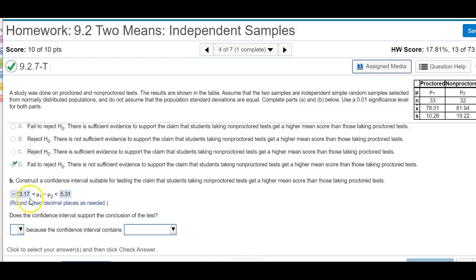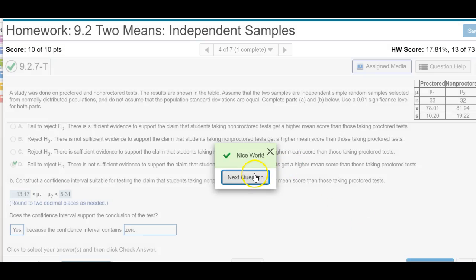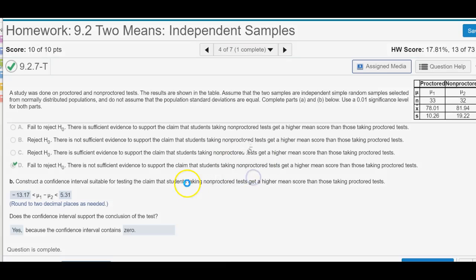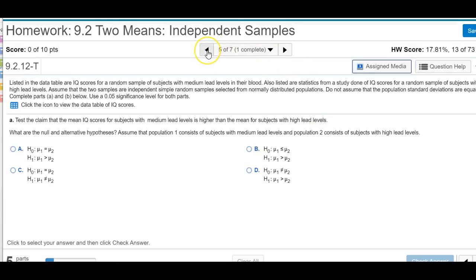the bounds on that. Does this confidence interval support the conclusion of the test? Yes, because, well, I guess it would not support it because the confidence interval contains a 0. Or in this case, it would support it because we fail to reject it because it contains the 0. So that was a minute on the wording there.